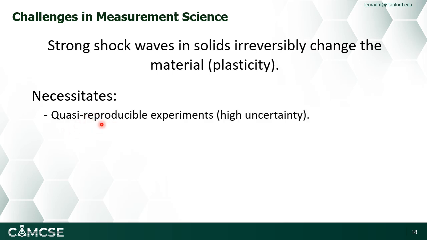Either we need to call our measurements quasi-reproducible, and all the shot-to-shot variation that comes from, for example, samples that are a little bit different, that have different defect structures, or that have slightly different drive conditions, we just attribute all of that to high uncertainty bars that therefore mean that we can assume our response is basically reproducible.